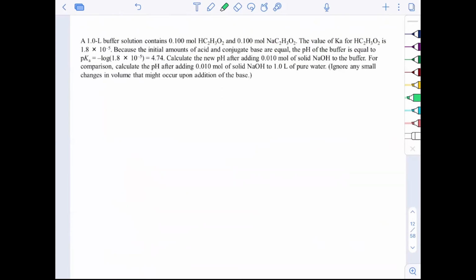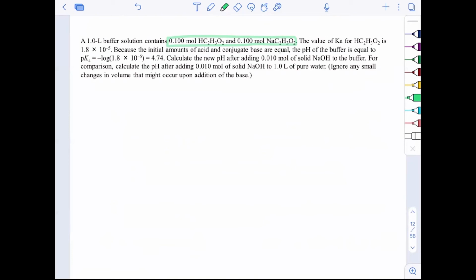So this is a very wordy question, but let's hang on to it. A buffer contains 0.1 moles of acetic acid and 0.1 moles of sodium acetate. There is our original buffer. It says 1 liter, just so that we understand that the stoichiometric relationship presented here for this first part of the calculation should be in moles.